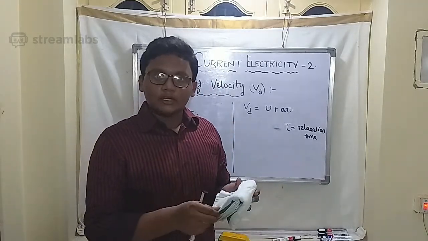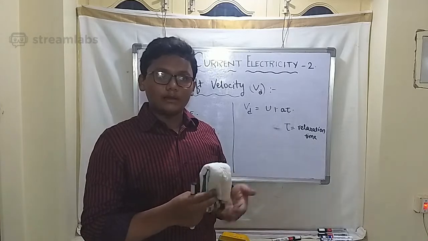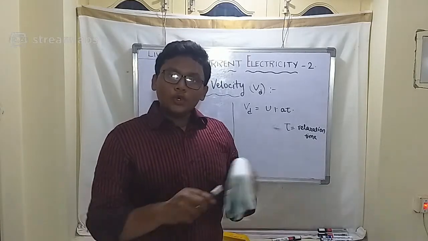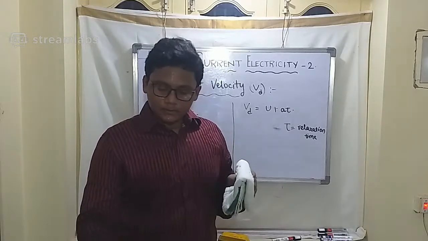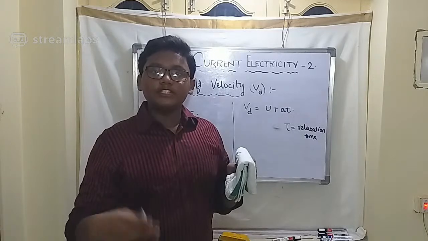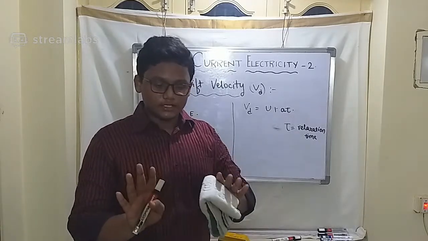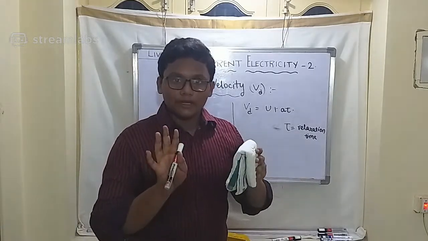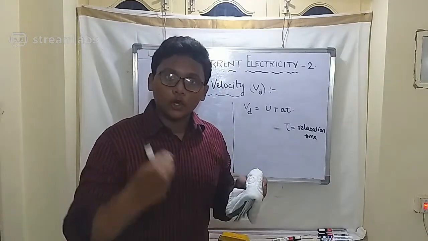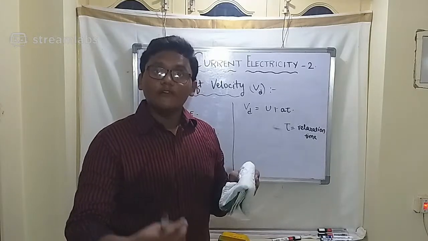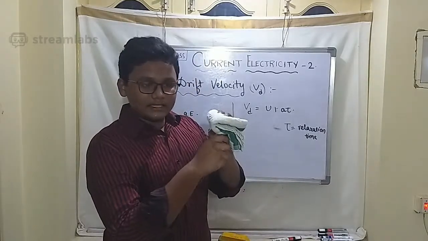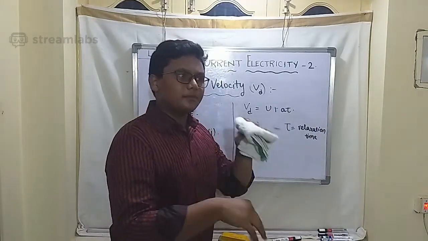Colliding with positive ions, these electrons make two or n successive collisions. The correct definition I am saying: the average time between two or n successive collisions with the positive ions. This is an electron, it hits this and goes somewhere and again it comes, like that.